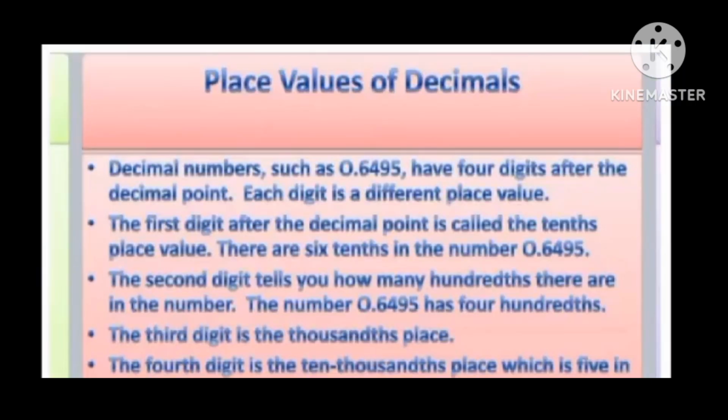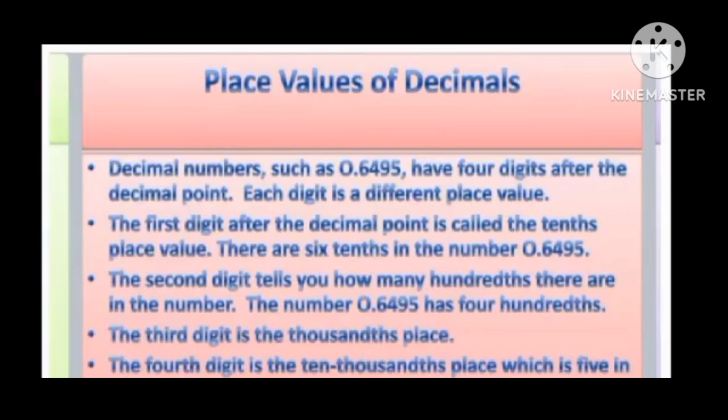Place value of decimals. Decimal numbers such as 0.6495 have 4 digits after the decimal point. Each digit is a different place value. The first digit after the decimal point is called the tenths place value. There are 6 tenths in the number 0.6495. The second digit tells you how many hundredths there are in the number.